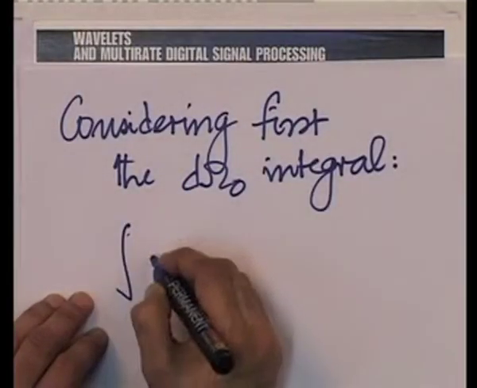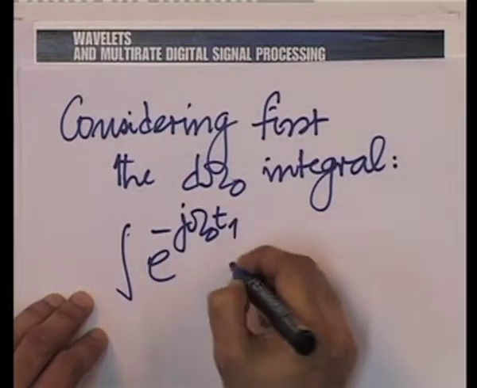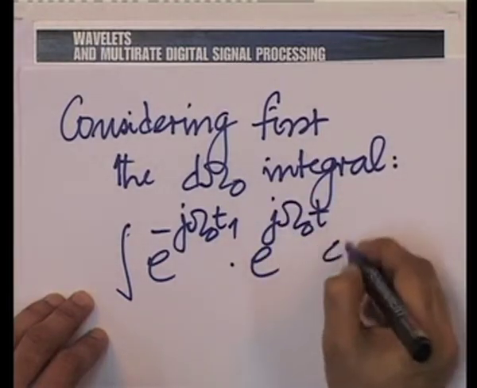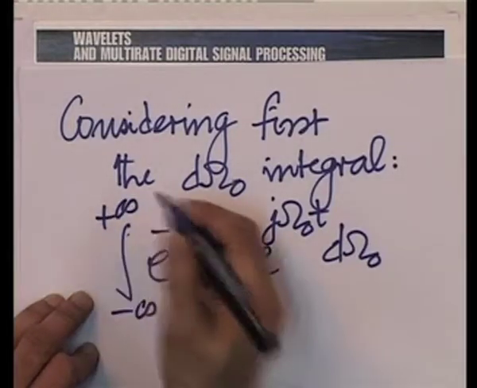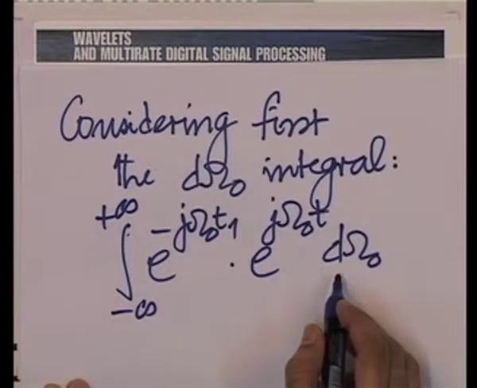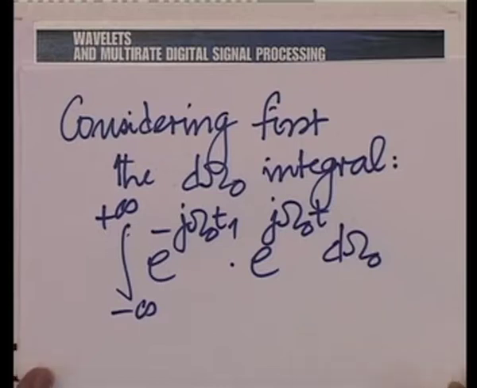We have essentially e raised to the power minus j omega naught t1 times e raised to the power j omega naught t d omega naught from minus to plus infinity. And if we go back to our very fundamental principles of the Fourier transform, this integral is very easy to evaluate. After all, when we combine this, what we get is the following.